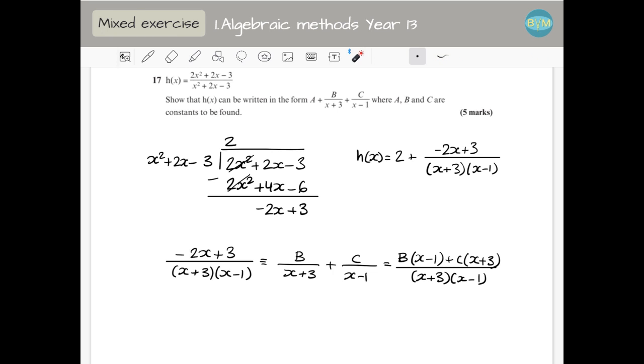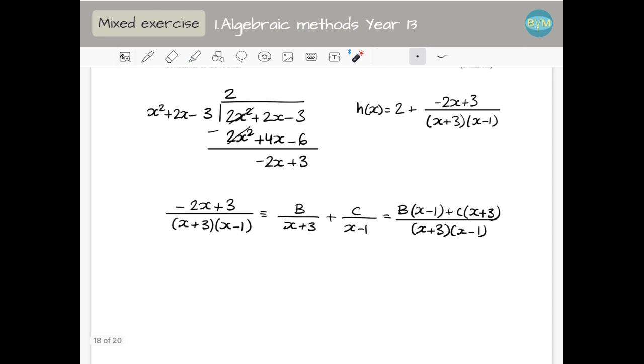The only thing I'm doing is adding these two fractions. The common denominator is this one. When I divide by x plus 3, I get x minus 1, that multiplies b. And when I divide by this one, I get the other, multiplied by c. Numerators must be the same because the denominators are already the same. So these two are going to be equal to each other.